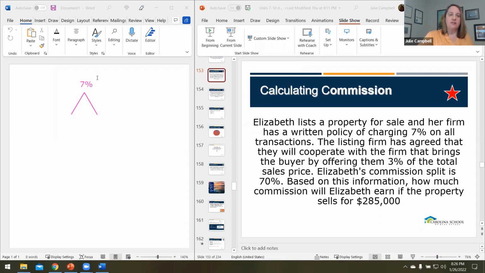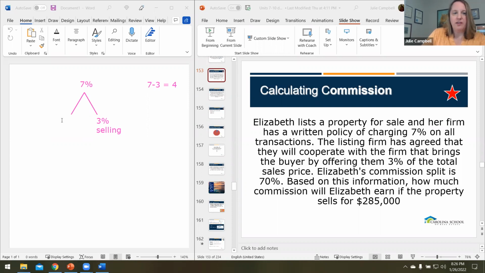So the total commission collected is 7%. The listing firm has agreed they will cooperate by sharing with whoever brings the buyer, with 3%. So if the selling side is getting 3%, then the listing side is getting whatever's left, which is 4. 7 minus 3.